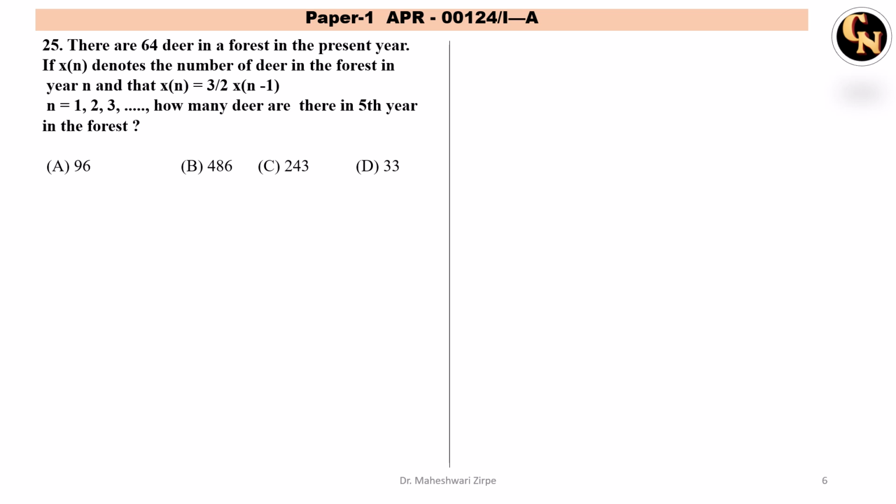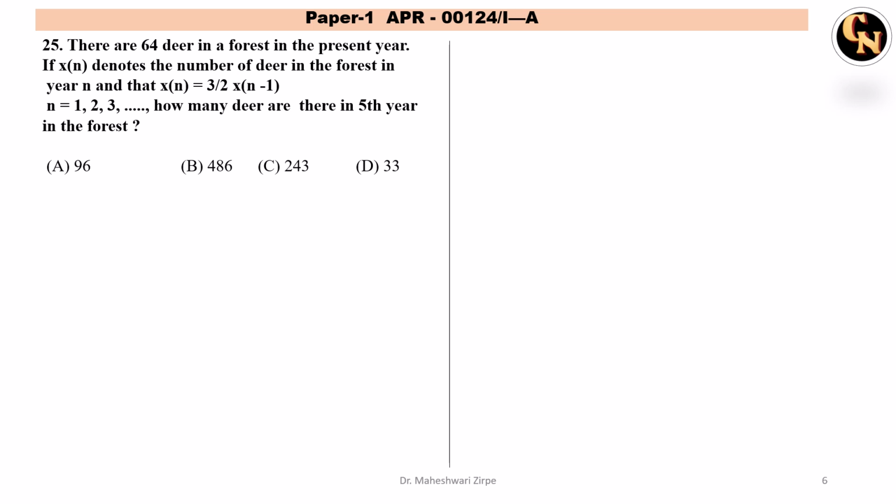Next one is, there are 64 deer in a forest in the present year. So for the present year they have given us that there are 64 deer. If xn denotes the number of deer in the forest in the nth year, they have given us a formula.